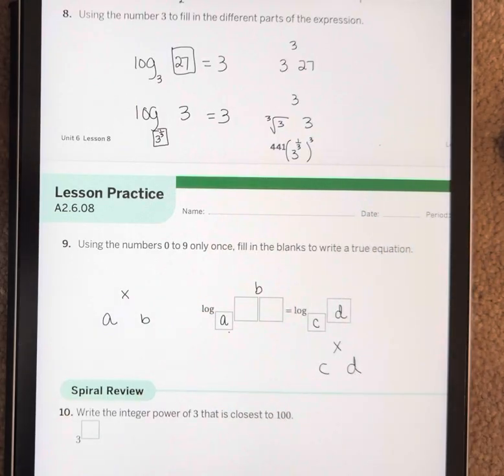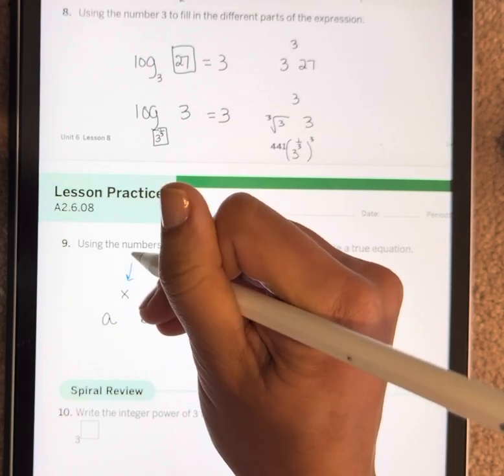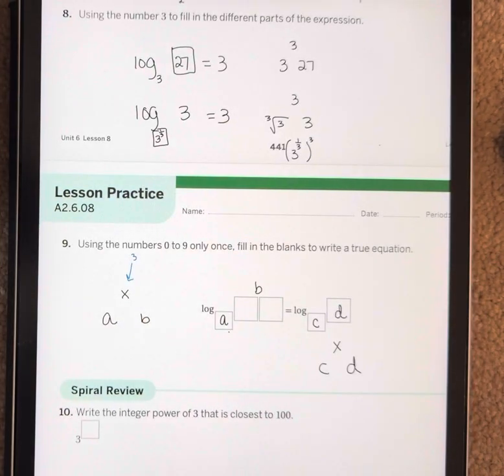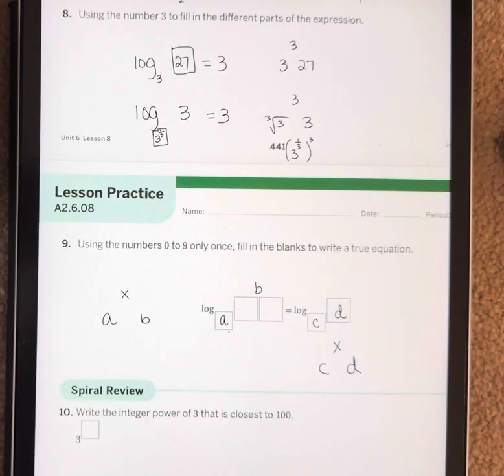So I'm thinking I like a 3 for the exponent. The reason I like 3 for the exponent, we could go with 2. We could go with whatever you want. I think it'll all work as long as we don't go too big with the exponent.